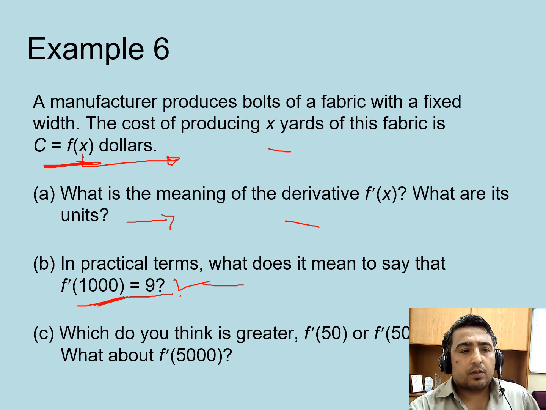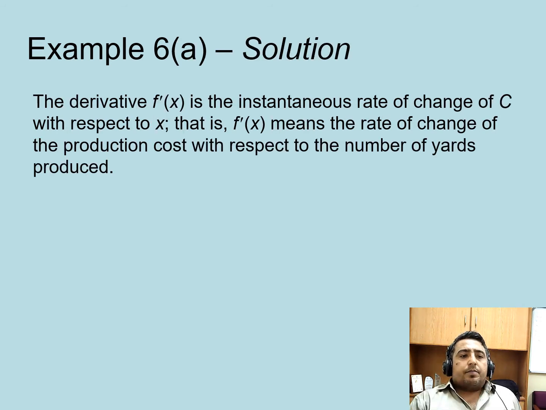There are three parts to this example. The first: the derivative f prime is the instantaneous rate of change of the cost with respect to x. That is, f prime of x means the rate of change of the production cost with respect to the number of yards produced.